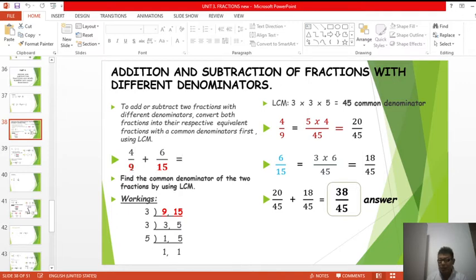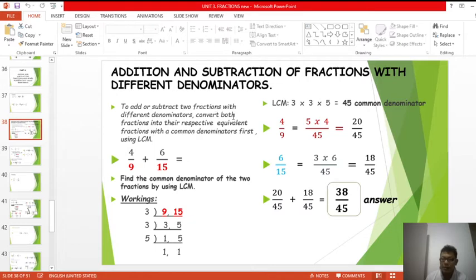As you notice, the red colored numbers there are the denominators and they're not the same. They're different. So I have here simple steps for when you add or subtract two fractions with different denominators.